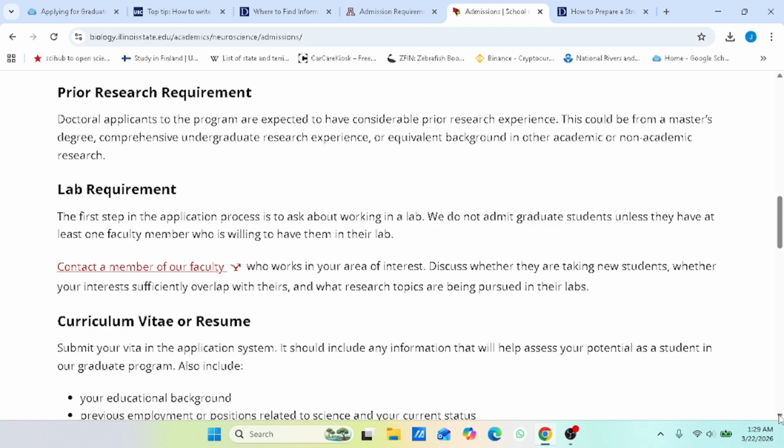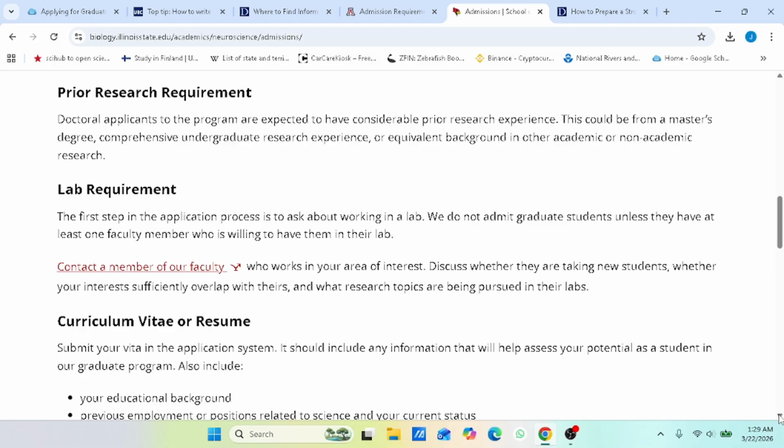Next is lab requirement. They are saying that they do not admit graduate students unless the student has at least one faculty member, one professor, who is willing to have them in their lab.